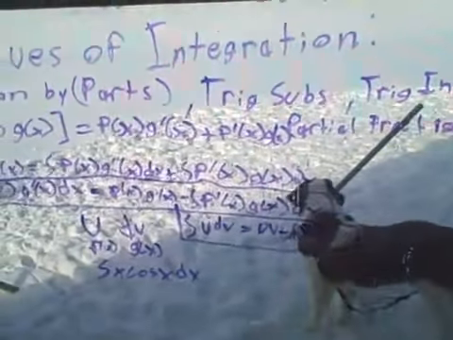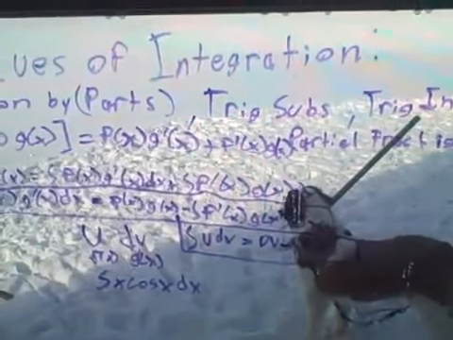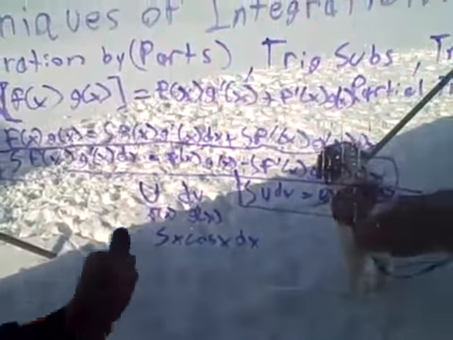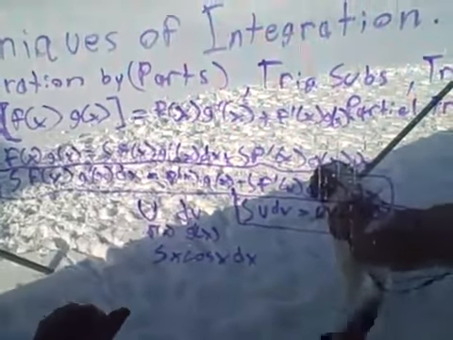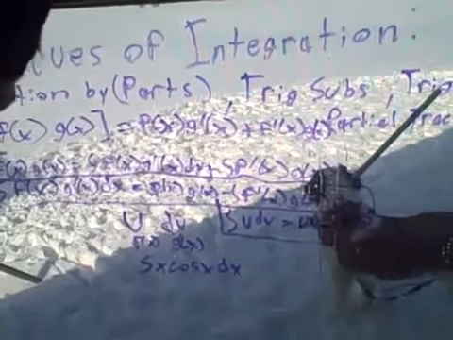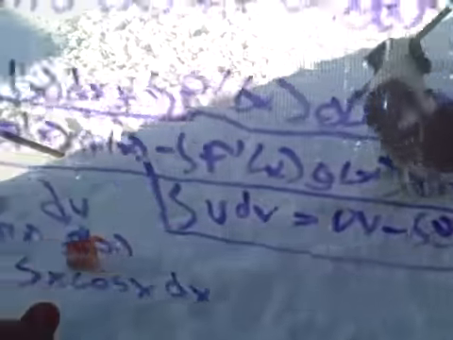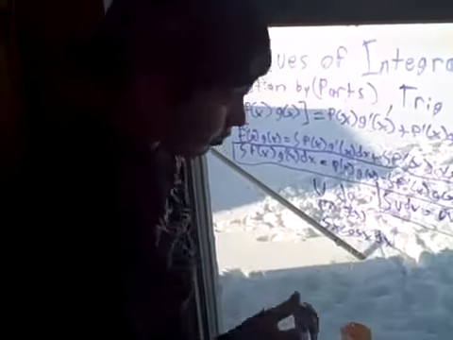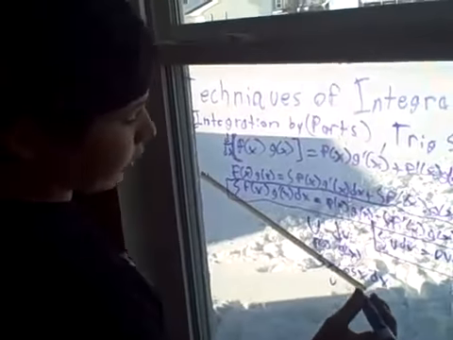We try to find a u and a dv such that this integral becomes simpler. If I have u here, then I end up with a du in this integral. So I can make this du be 1 if I make x u. So I'm going to call x u, and then cosine x dx equals dv.